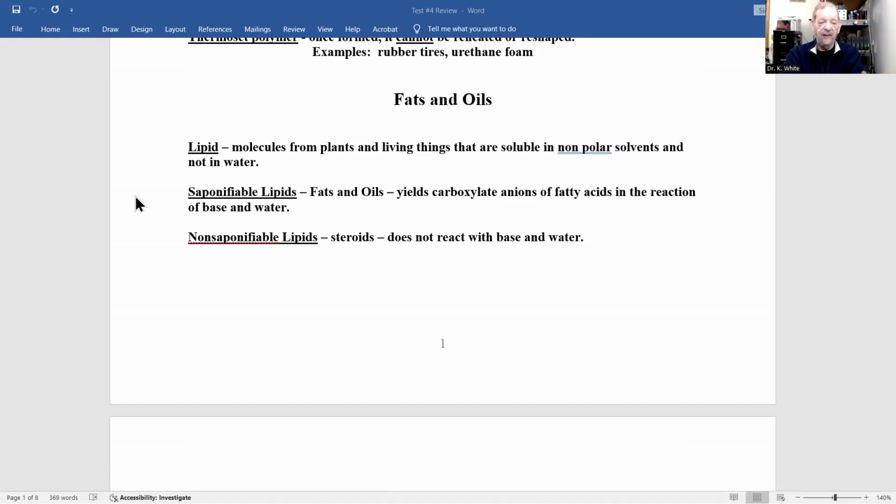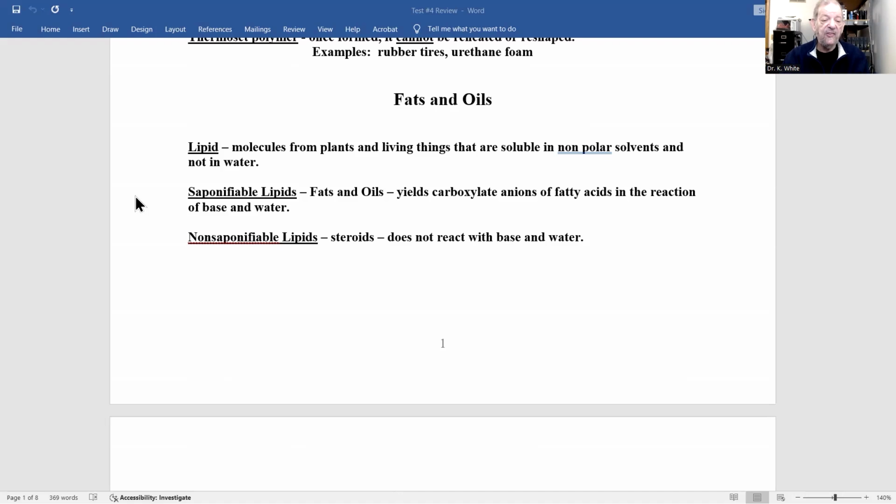Now, when we look at lipids, there are two types you should know. One is saponifiable, which we also call fats and oils. And you should know that yields the carboxylate anion of what I teach you in this chapter, fatty acids, in a reaction with base and water, like saponification of an ester.